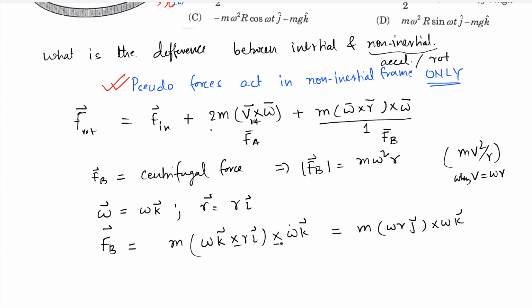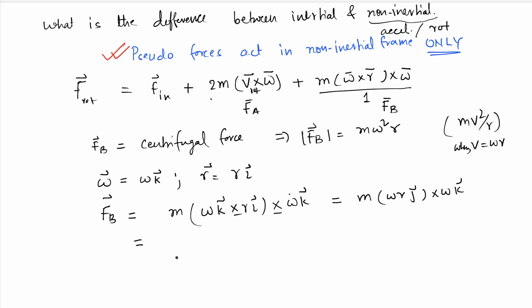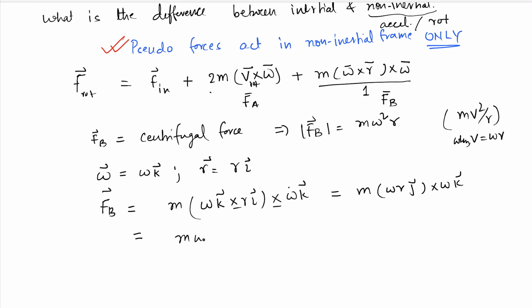So this is now m omega r into omega j cross k. What is j cross k? i. So that is m omega square r i. So Fb is in i direction. Okay. You get it?